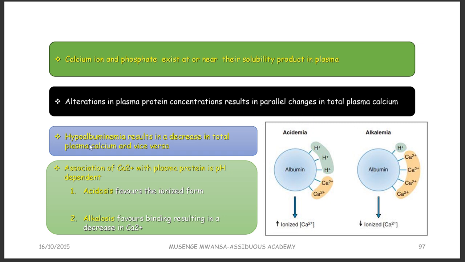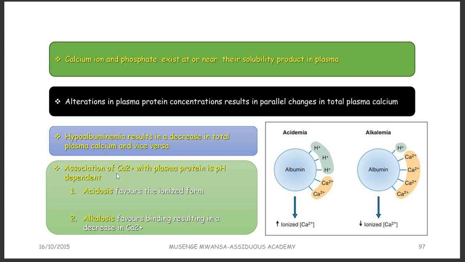For example, in hypoalbuminemia, where I've got low albumin, there is a decrease in total plasma calcium, because the calcium that is supposed to be on the albumin is not there. And when you have hyperalbuminemia, there is going to be too much calcium.